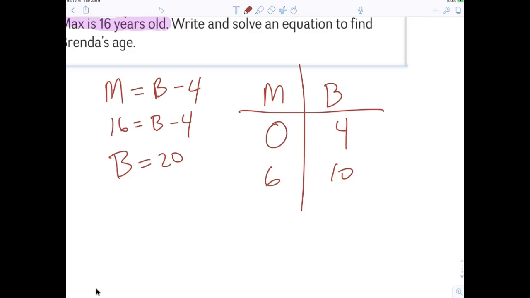Let's say Brenda is 30. Max would be what? 26. So the question is, what are you doing? You're subtracting 4 from who? Brenda's age, right? And listen, I totally understand what you're saying. That's why sometimes I think it's important to just make up a number to see which one you would be subtracting. You agree with me?